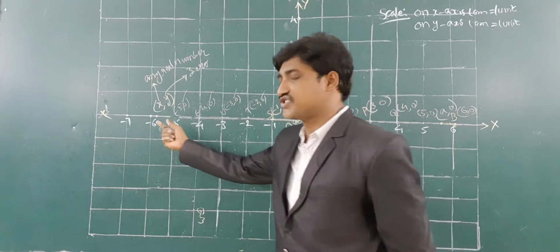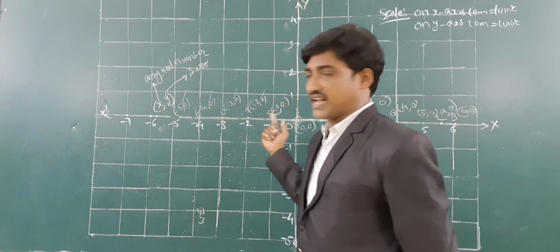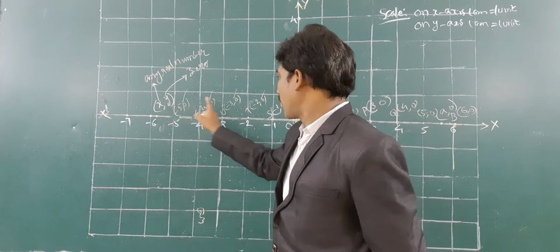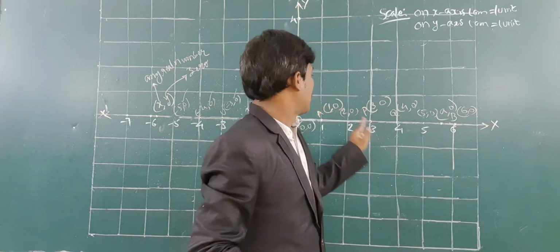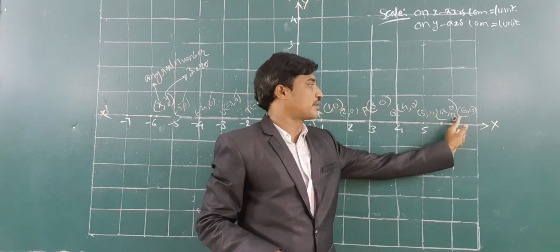We can generalize: for every point on the x-axis, the y coordinate is 0. (1, 0), (2, 0), (3, 0), (4, 0), (5, 0), ordered pair (a, 0), ordered pair (6, 0).